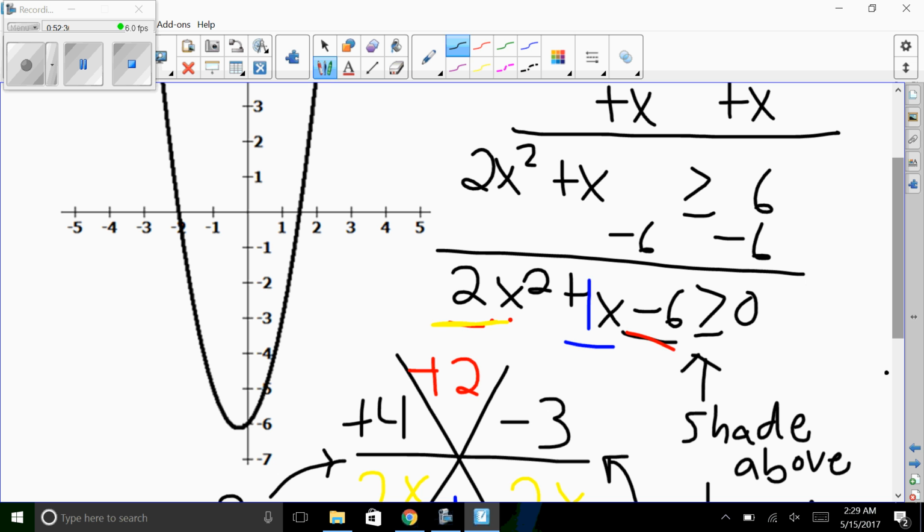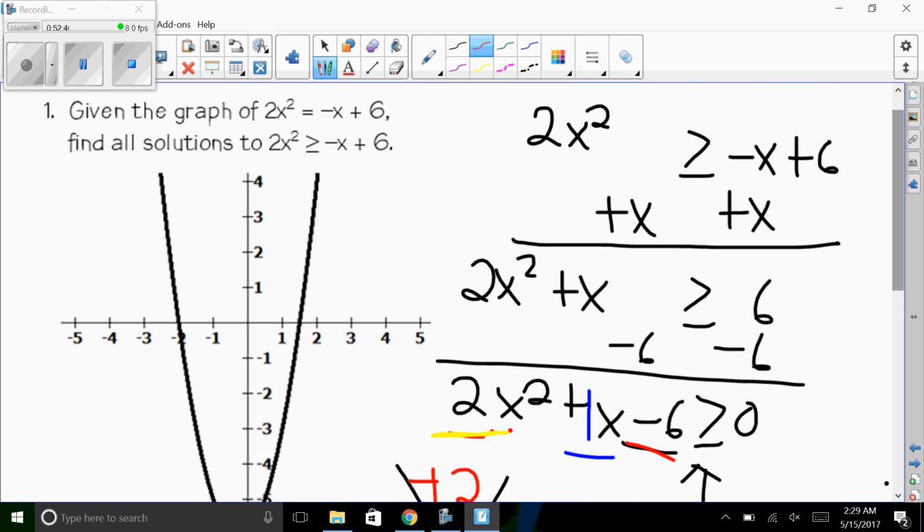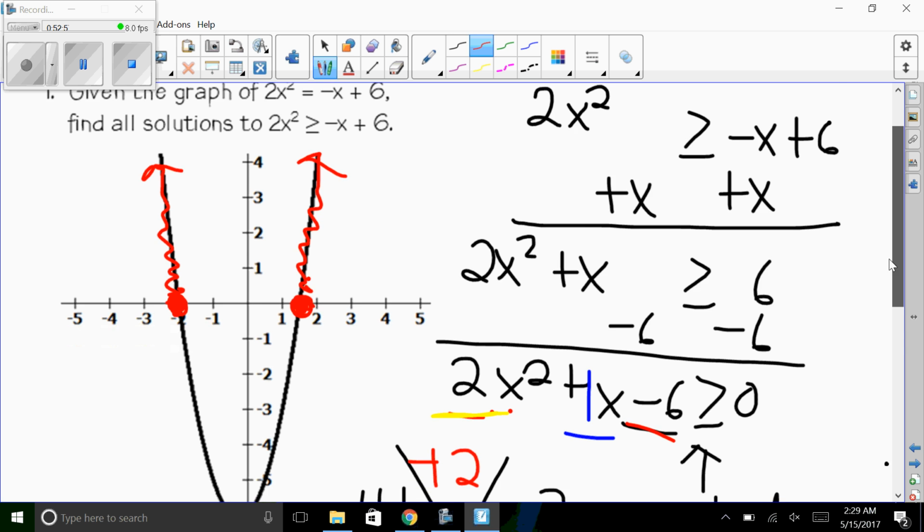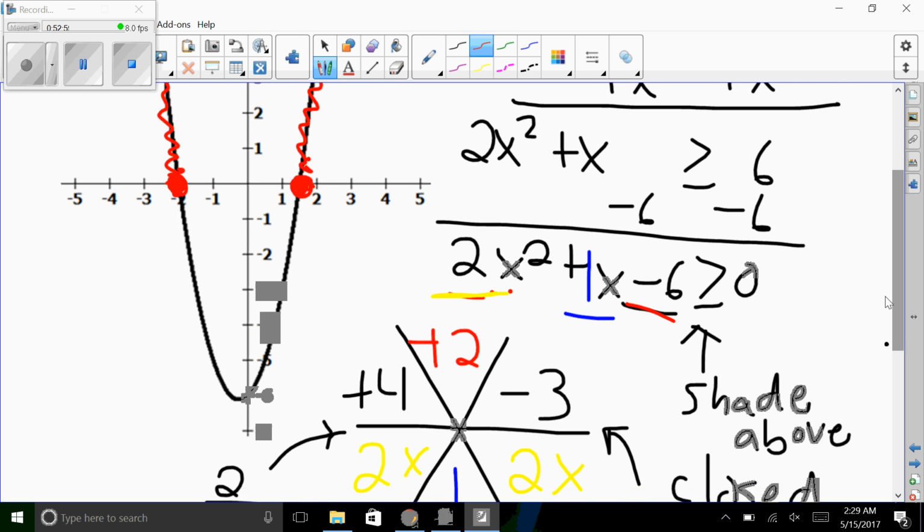Okay, so we're going to have both circles, -2 and 1.5, and we're going to shade above. Alright, so how do I write that in inequality notation?